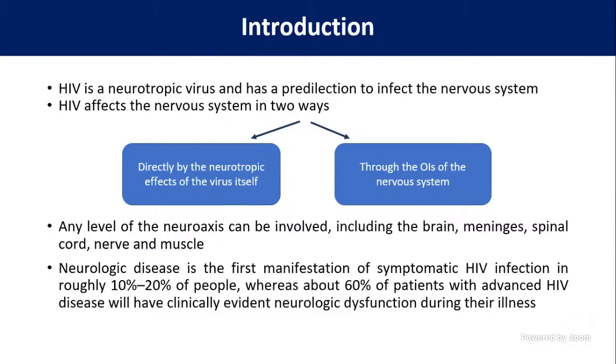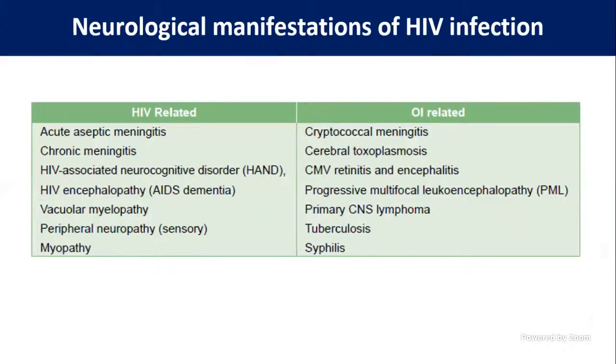Next. So, like we said, the neurological manifestations can be categorized into two types: those directly related to the HIV infection and those related to opportunistic infections of the nervous system.